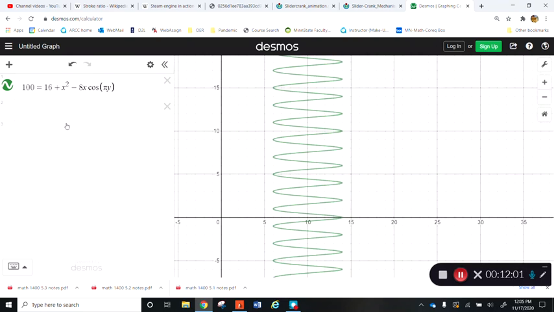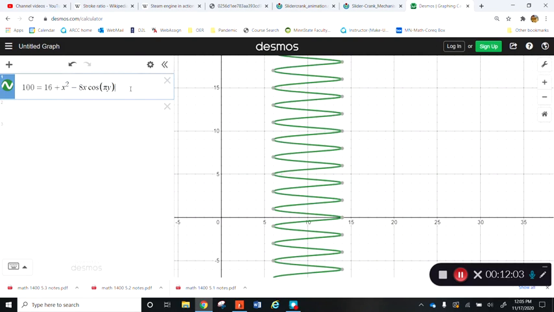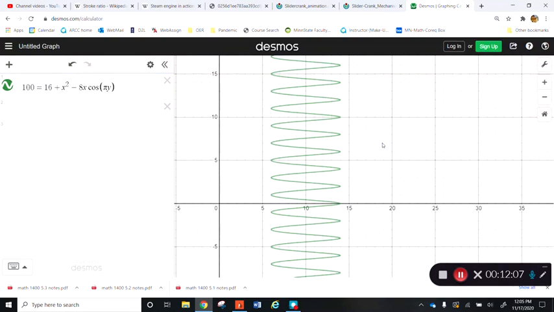And now that I have this relationship, what you could do in calculus is take this relationship and do something called implicit differentiation, where you figure out the rate of change, and you can find the rate of change in x with respect to time.